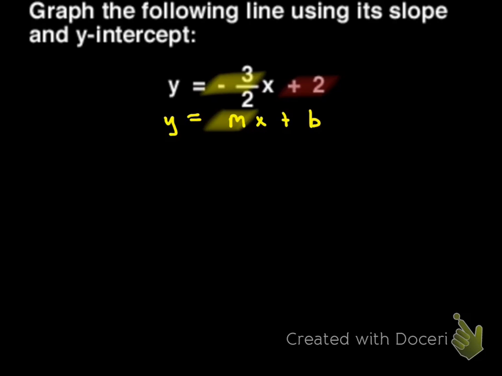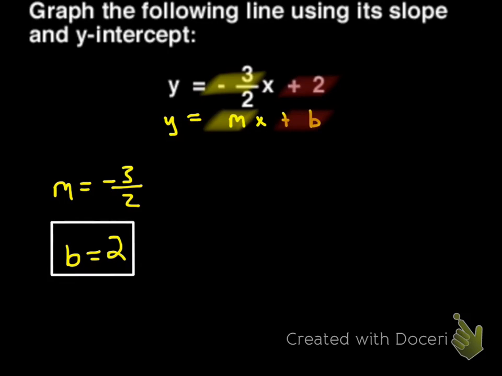B is the number that's all by itself. So, m would equal negative 3/2, and b would equal positive 2. So this is my starting point, b.